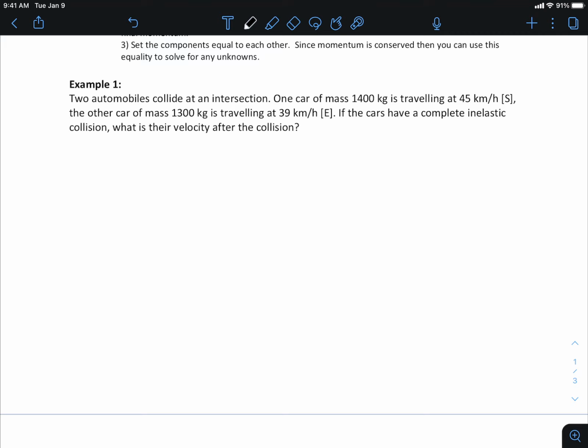If the cars have a completely inelastic collision, that means they're going to stick together and move together after the collision. The connection I made to remember this was that elastics bounce, like bouncy rubber, and inelastic would be the opposite of that.